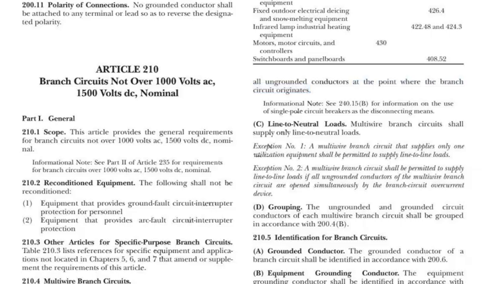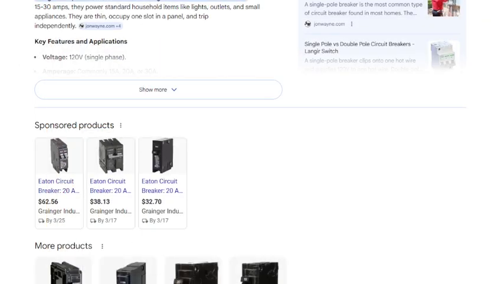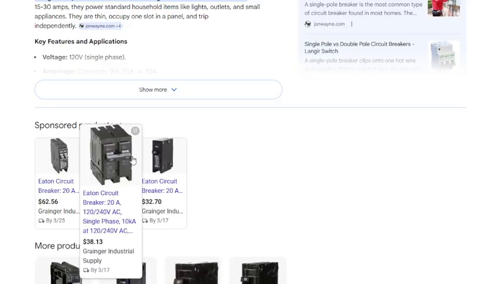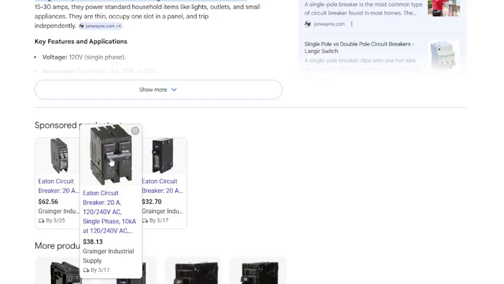Meaning, if I'm using more than one hot in my multi-wire branch circuit, then I have to use one of these breakers. Either the double here with 2 independents that can be shut off at the same time because they both live in the same housing. This one that has the bar across from it, they sell a little bar that you can add to this one to make them both shut off at the same time.